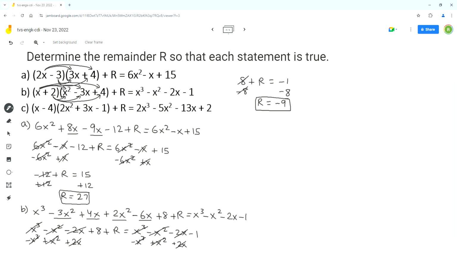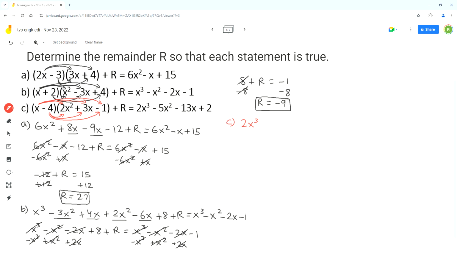Now we can answer part C. We have to find the value of r, so we'll start by distributing the terms in the parentheses on the left side of the equation. X times 2x squared is 2x cubed.